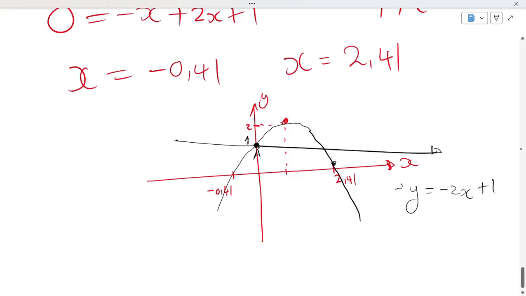So we have that. So how do we then solve for A and B? A is here, and then B is there. We need to find them.